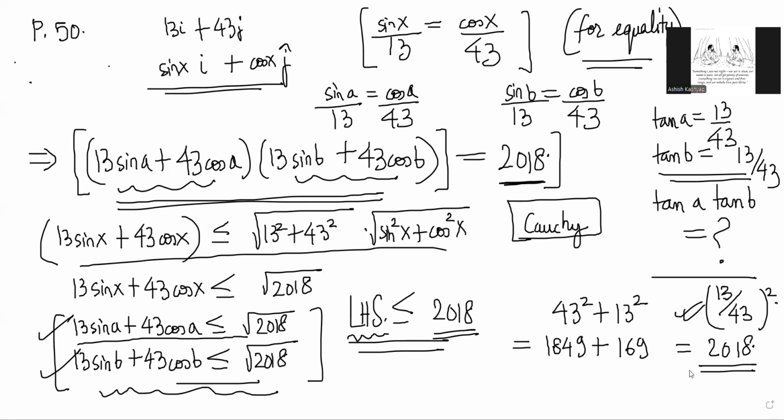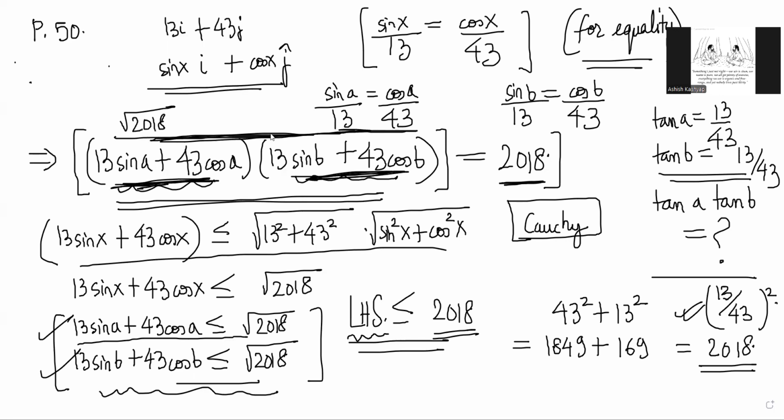So actually, the question is an algebra problem. It's not trigonometry. The main thing is to simplify the trigonometric parts and factorize it into this form. And then think about the maximum value of both of these expressions. Both of these expressions, maximum value is root 2018.